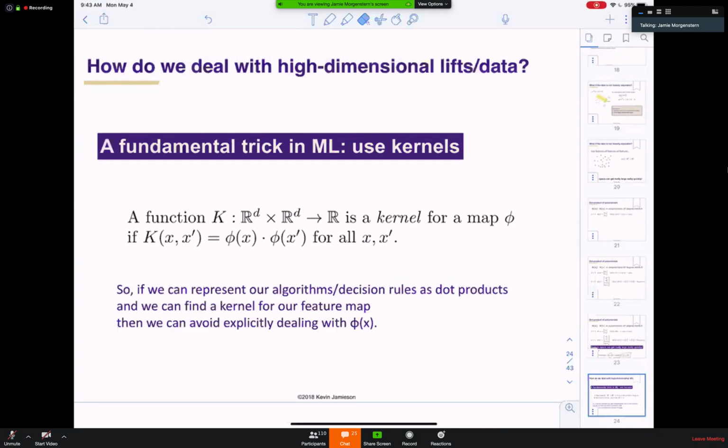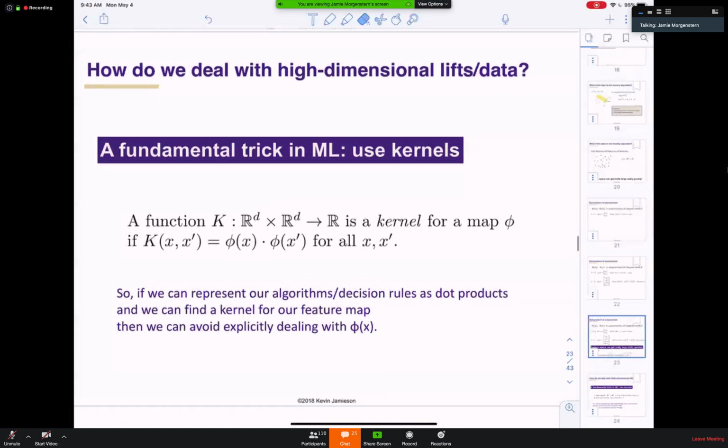So a function K takes two points in R^d, which is our original space.